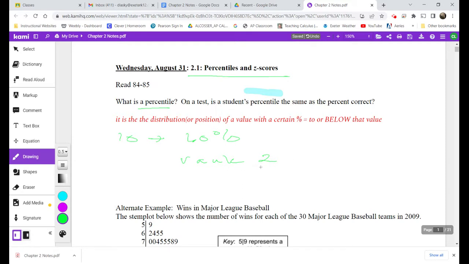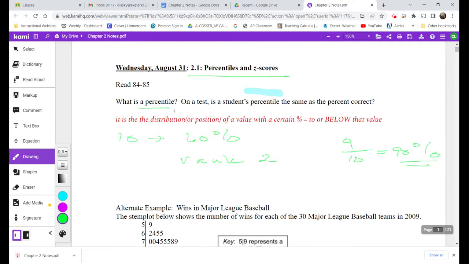Okay, so he ranked second. So in other words, he had actually the ninth highest score, right? Because the rank number one. So he had the ninth highest score out of 10 people. So he was at the 90th percentile.